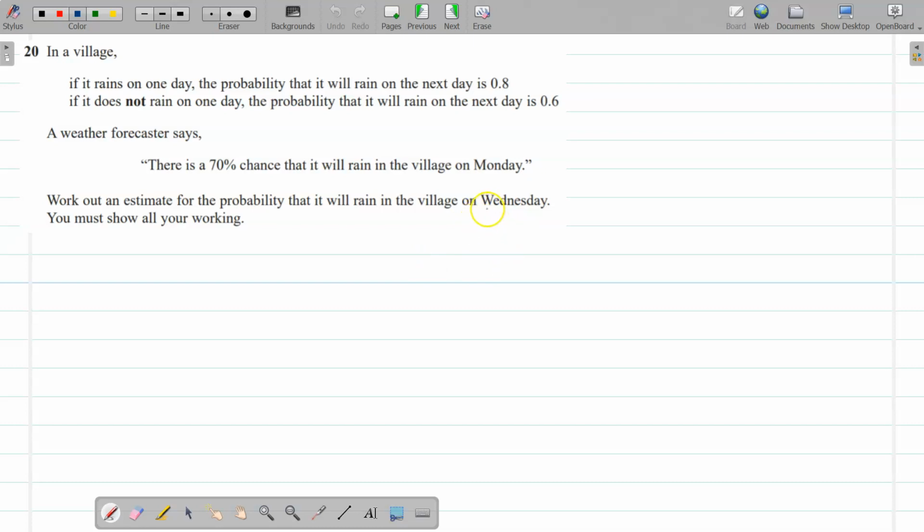Now, this means that they're not really interested in what happened on Monday or Tuesday, but what must happen is it must rain on Wednesday. So let's look at how that could happen.